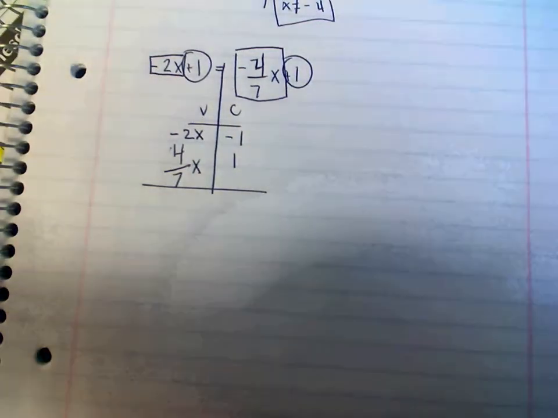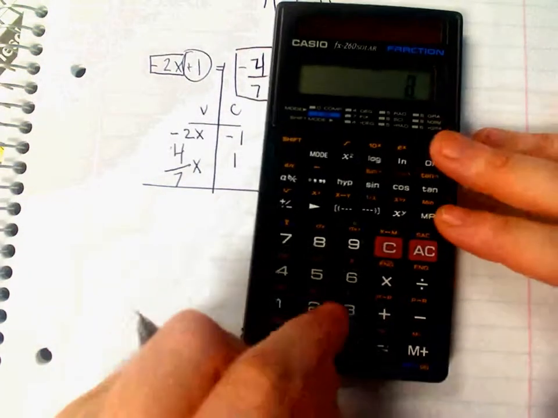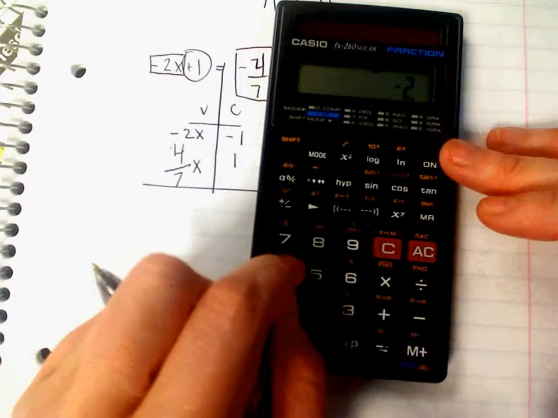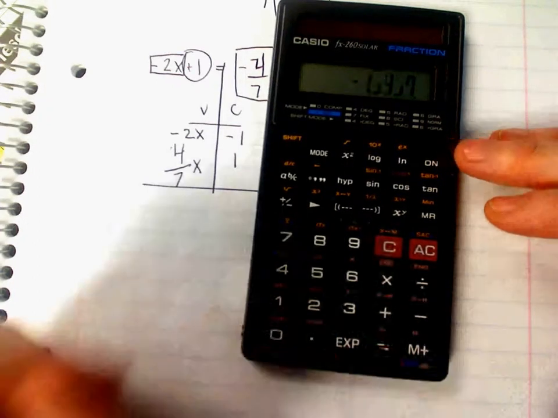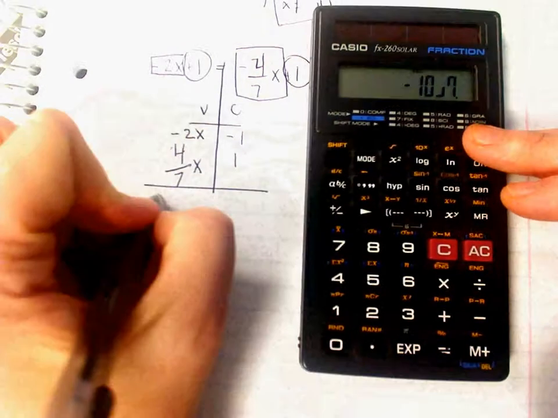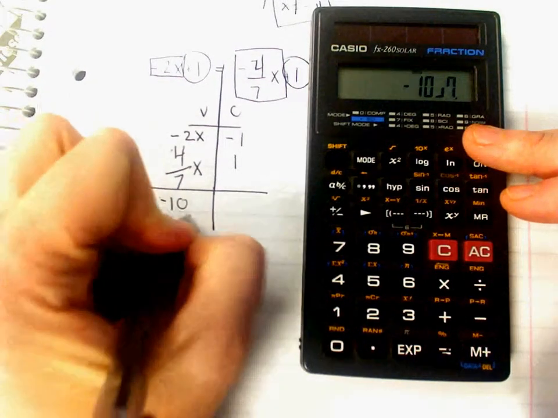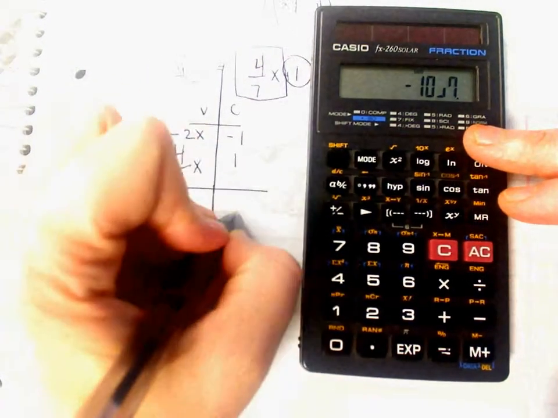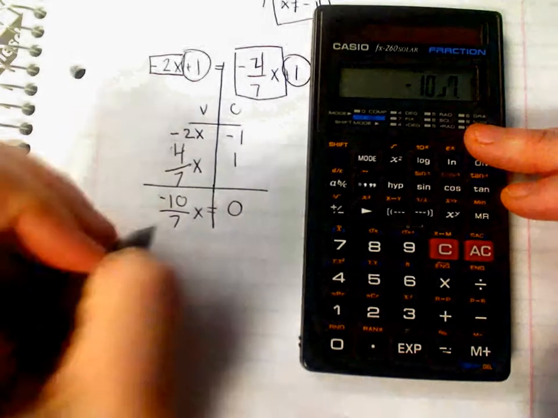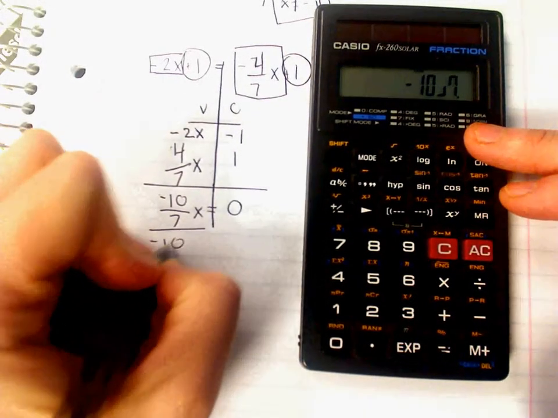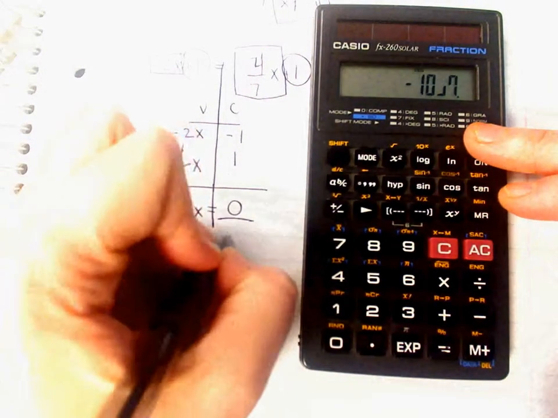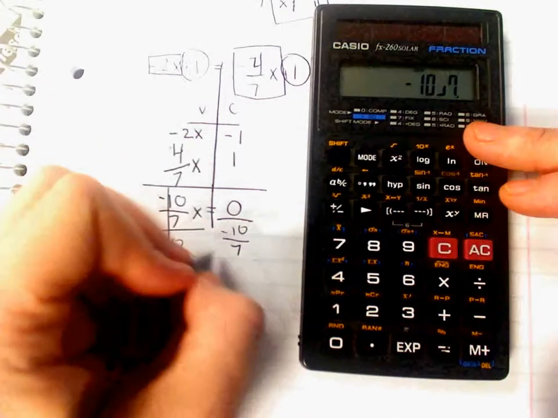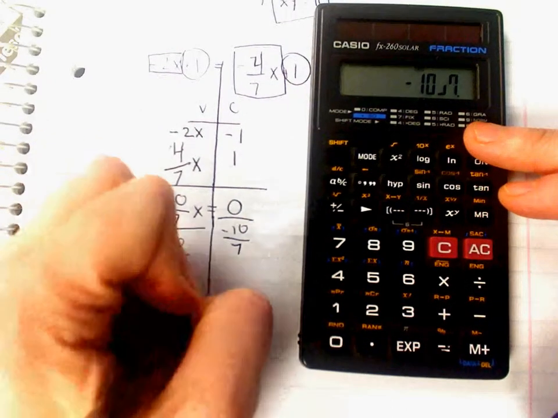So it's negative 2 plus 4/7. And that's negative 10 over 7. This adds up to 0. And then divide. Anything divided by 0 divided by anything is just 0. So x equals 0.